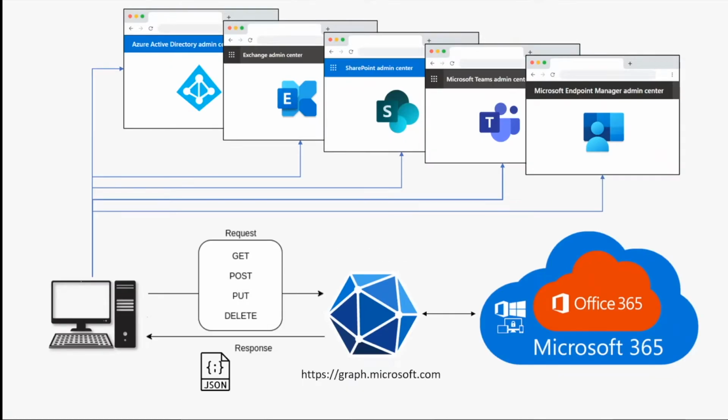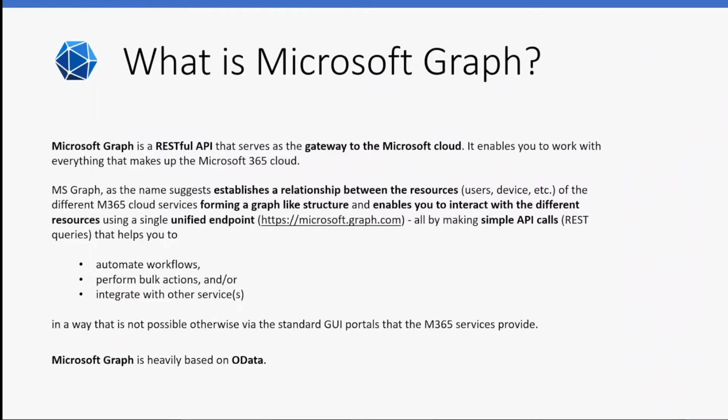Now, if you remember, in this slide I talked about how Microsoft Graph establishes a relationship between the resources, forming a graph-like structure. How it does that, you will see in this slide. Let's take the example of a user.